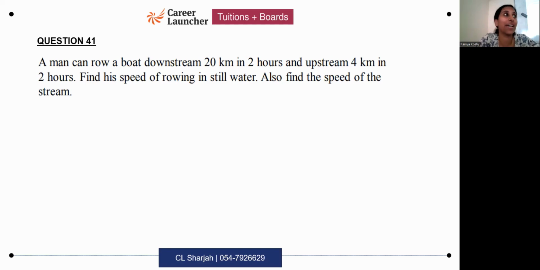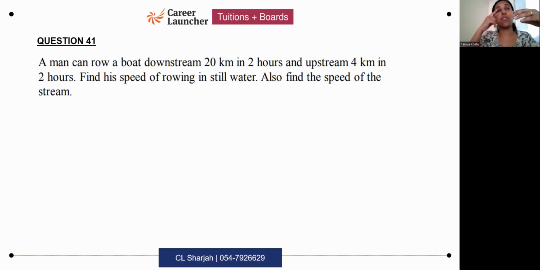If it was quadratic, one of the speeds at least would have been given to you. Either speed of stream or speed of rowing or speed of boat. Here both the speeds are unknown. The speed of the stream is unknown. The speed of the boat is also unknown. So this is a case of a linear equation problem.